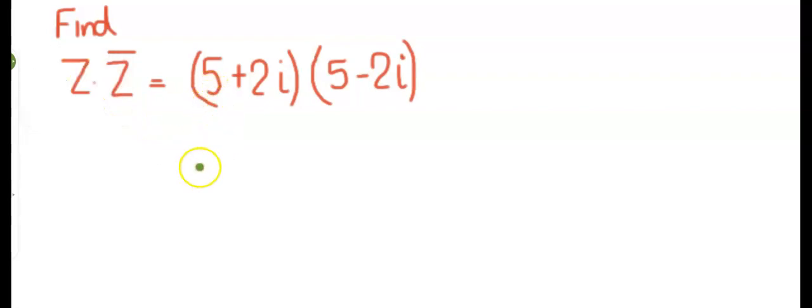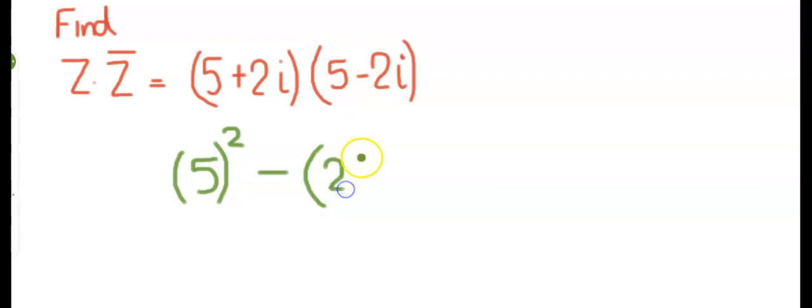You do this a lot easier. Whatever the first number is, copy it down. If it's a 5, copy it down. If it's a minus 5, copy it down and put a bracket, and square it. Then do that one. And copy the other number, 2, and square it.